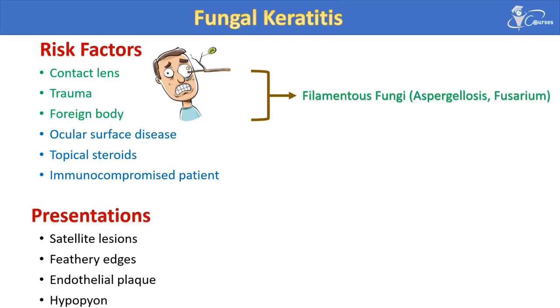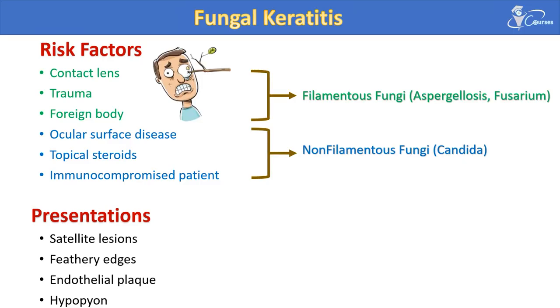On the other hand, patients who have a poor ocular surface or poor immunity, either by topical steroids or systemic immune suppression, are more likely to have non-filamentous fungi or Candida. So these risk factors can enlighten you about the specific causative organism.